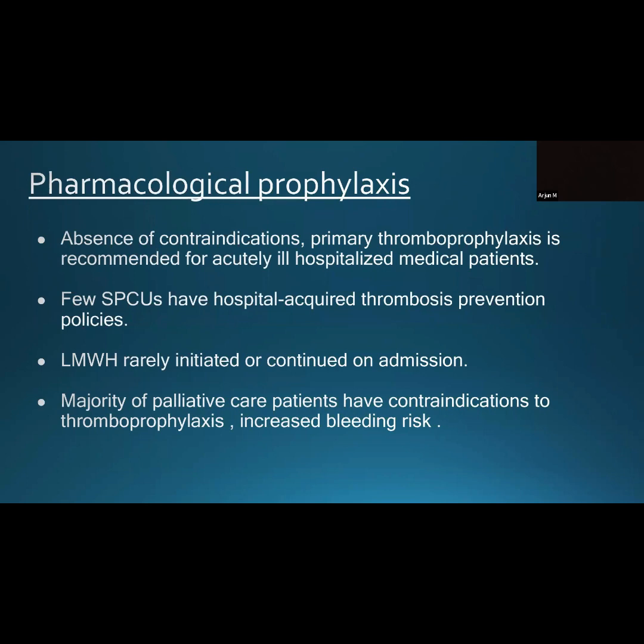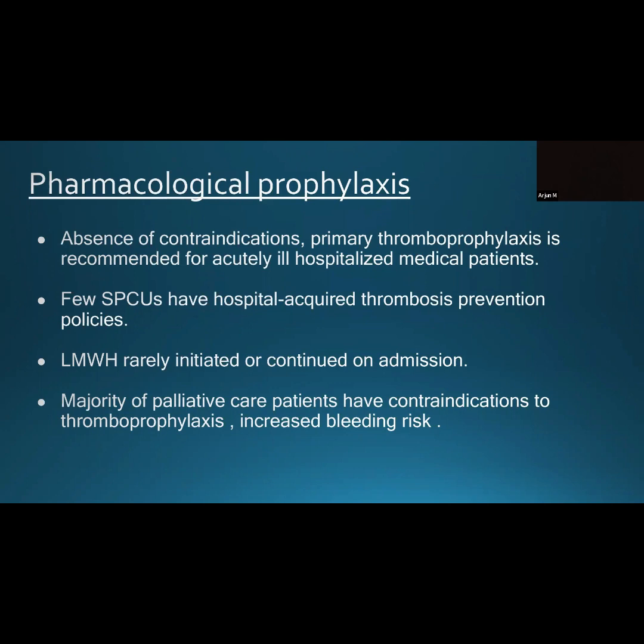And only in certain countries, like the UK, there are certain policies where anticoagulants are administered for patients. Most of the time, when a patient is admitted in our palliative care setting, we rarely start or continue a low molecular weight heparin. And the reason behind this is that the majority of the palliative care patients we see have significant contraindications to thromboprophylaxis or have an increased bleeding risk.